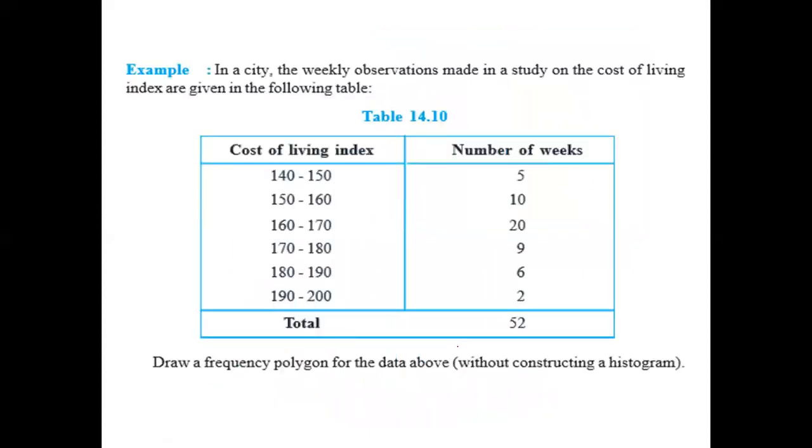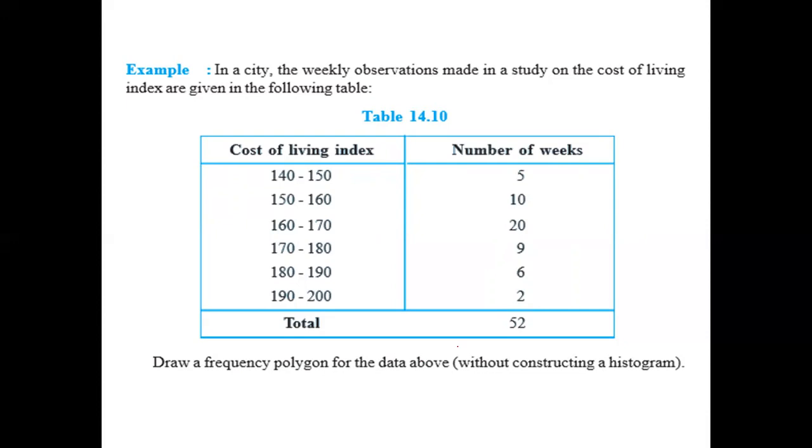Now let us learn how to draw a frequency polygon without constructing a histogram. For this, the example is: in a city, weekly observations were made in a study on the cost of living index, and this is given in a table. They told us to draw a frequency polygon without constructing a histogram.